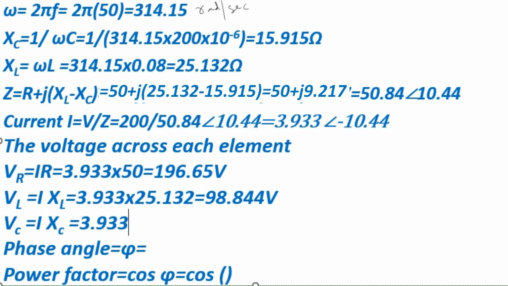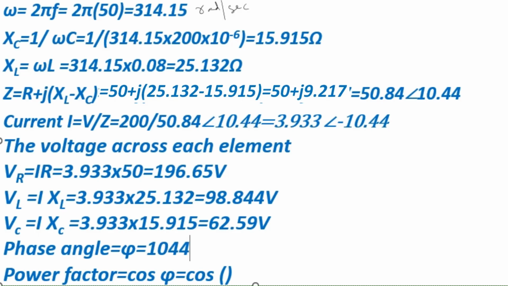I is 3.933 into the XC value 15.915, which gives the voltage across the capacitor as 62.59 volts.